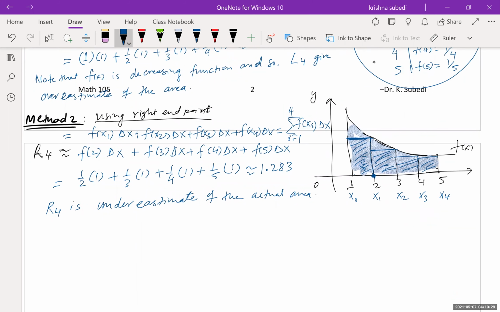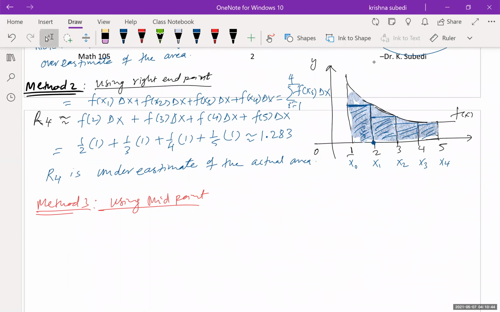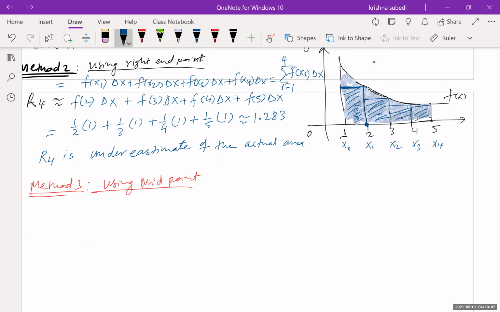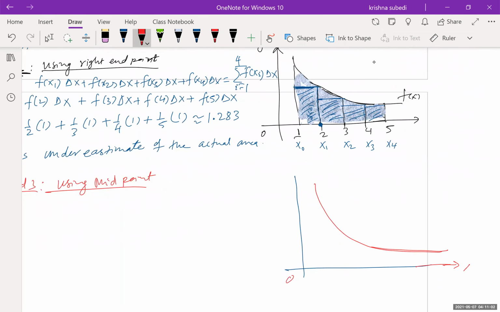Now method 3, using the midpoint. Okay, let us use the midpoint, and let me draw the graph again. 2, 3, 4.